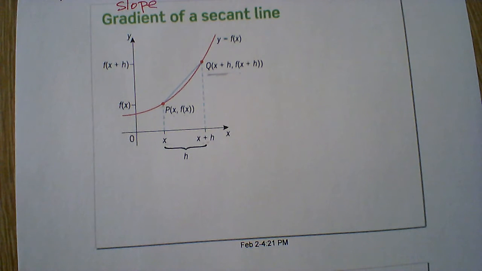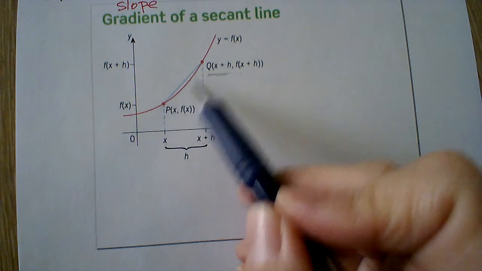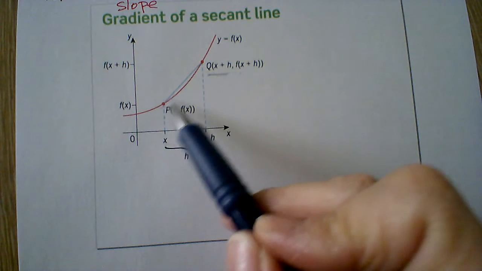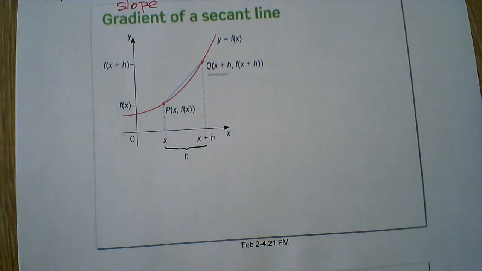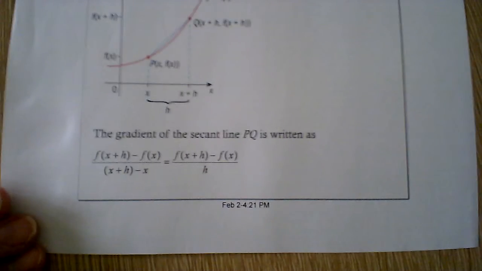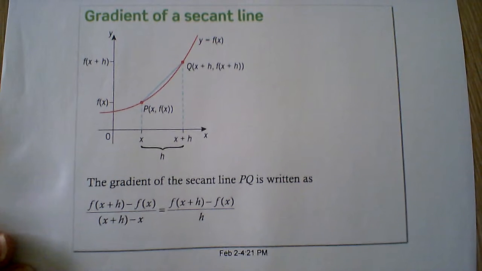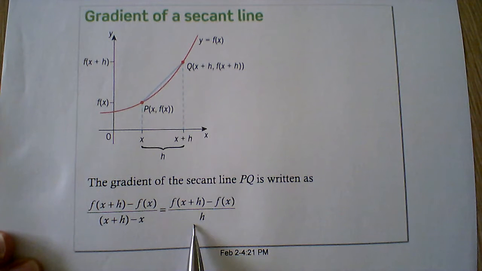So we can estimate the slope or the gradient of this part of the curve just by creating a secant line and finding the slope of that secant line. Okay? So, same picture, and there's the formula, right?